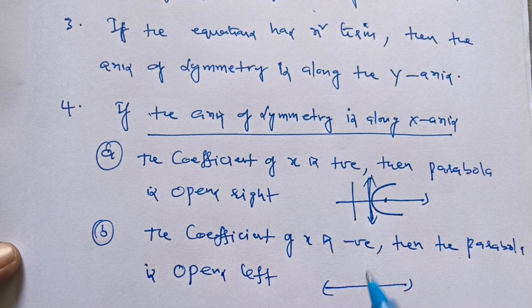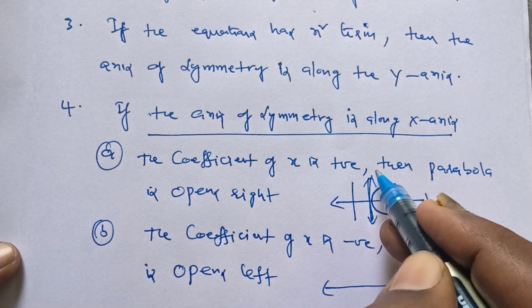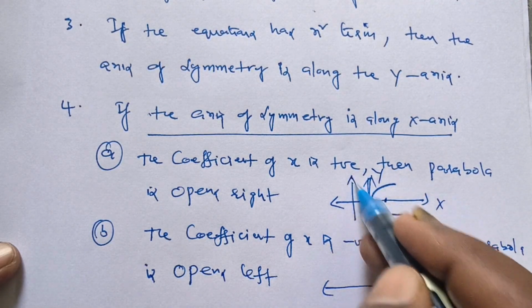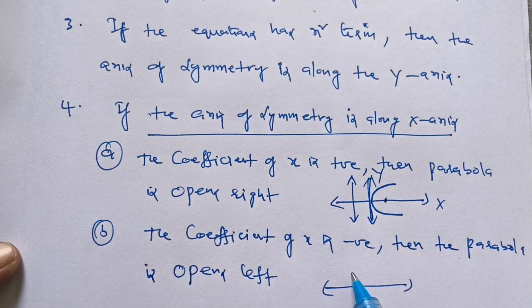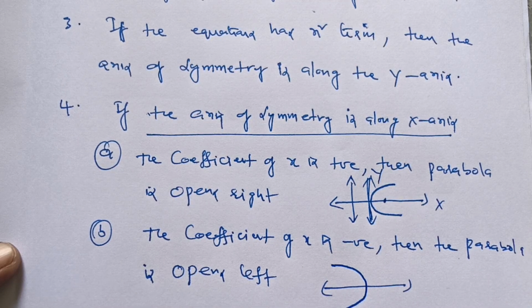Suppose this is the axis of symmetry, the x-axis, and this is y. This is the directrix. It opens left, so the parabolic shape is like this.